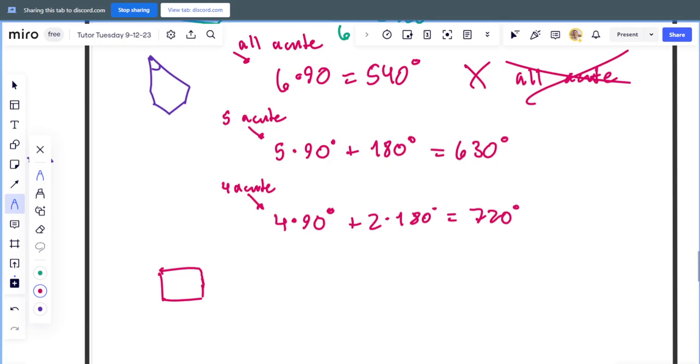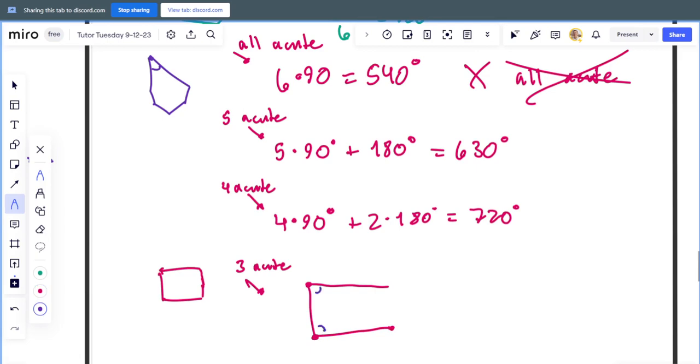But if we expand this just slightly and do 3 acute angles, let's see what that would look like. You'd have this one curved just slightly in, this one slightly in, this one slightly in. Let me draw it bigger. This curves just slightly in, this one curves just slightly in, this one curves just slightly in. So these are all acute.